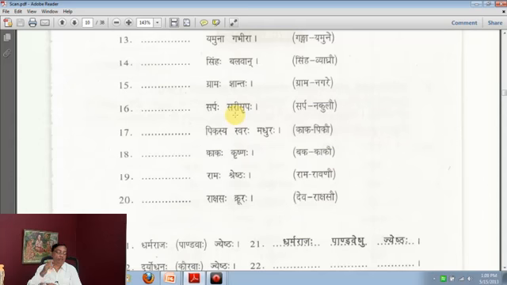There is also a Subhashita. Murkhopi Shobhate Tavat Sabhayam Vastravestitaha. Even a fool shines in a gathering, in a party, having put on good dress. He gets along like a gentleman. Sabhayam, in a meeting, in a gathering.